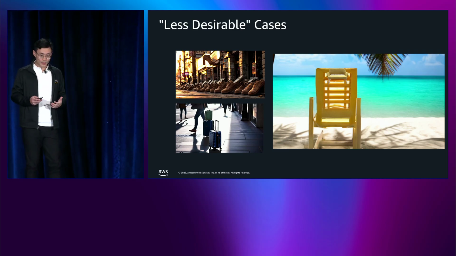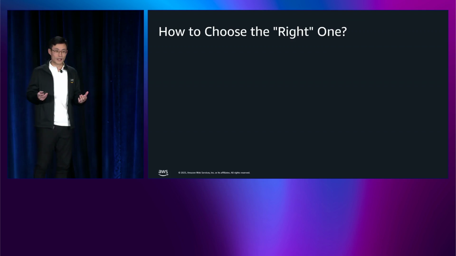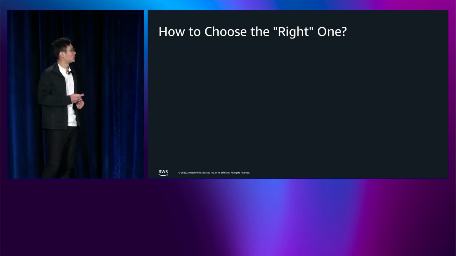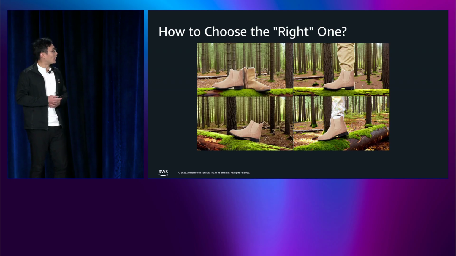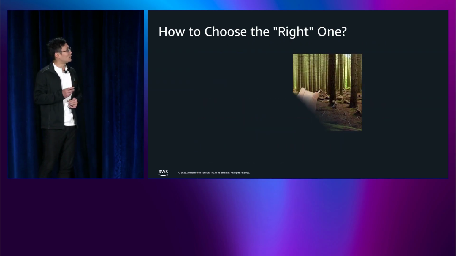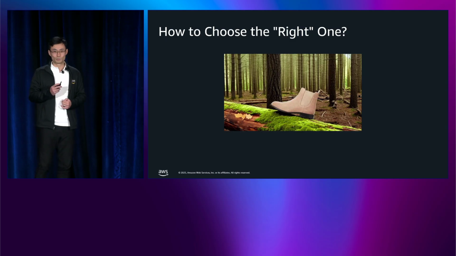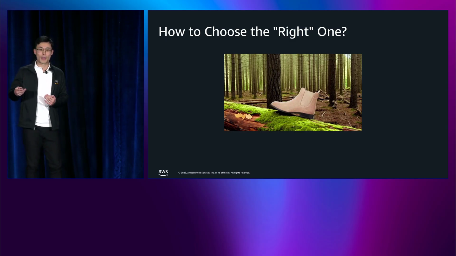So that got us to think, how can we do this? How do we pick the right image out of so many images coming out of image generators? For instance, we want to generate this boot picture for you. How do we find this one, which in our opinion is the best, in a scalable and automatic fashion?